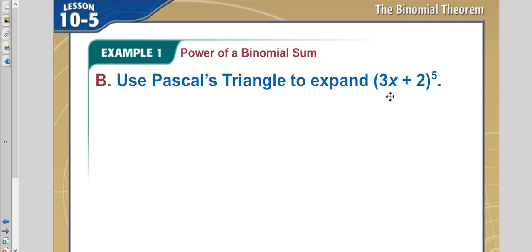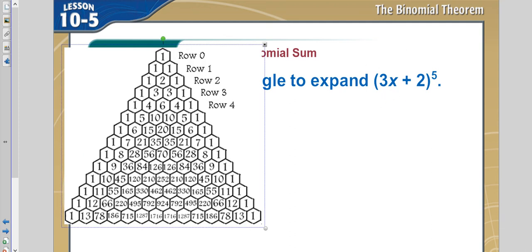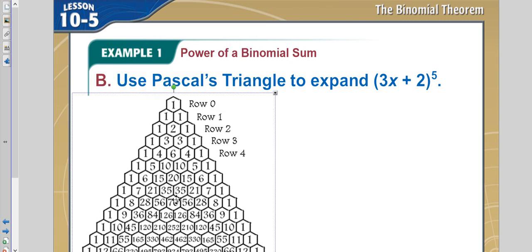Now we'll do it again. This time we'll use 3x and 2. Now here's where this gets a little bit trickier, because we're no longer just a and b with powers. Now we have 3x and 2. So we would go to the 5th row, which is here.